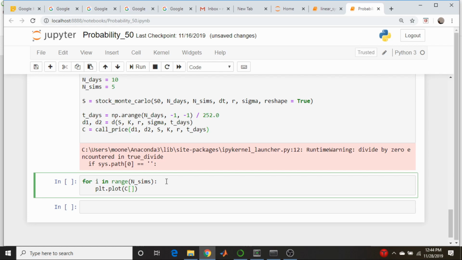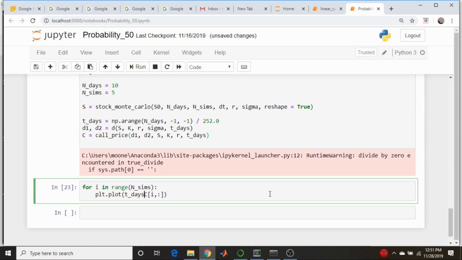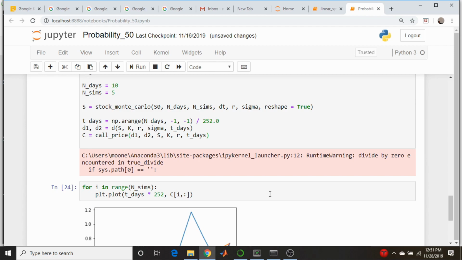So we're going to print out the ith row and all columns, colon, and we need the times, don't we? So T days, and since this is in years, we need to put it into days. So times 252.